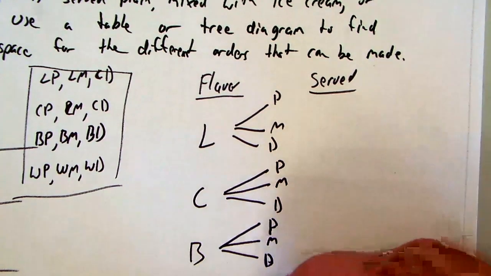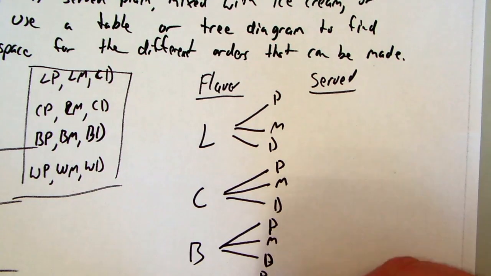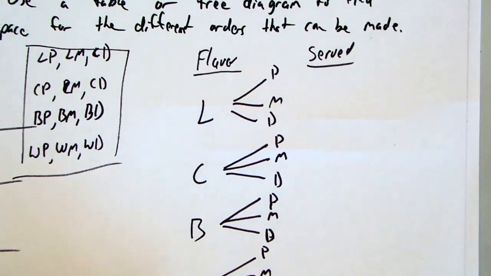So we'd want to make a table or a tree diagram that looks like that. Either way, both are going to be a great way to show how to make a sample space.